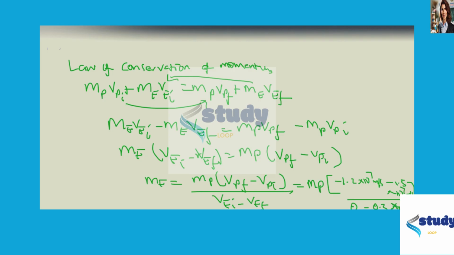If we simplify that, we end up getting that Me equals 9 Mp. So the mass of the unknown particle is 9 times the mass of the proton.